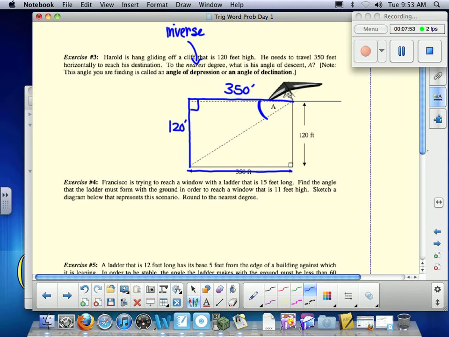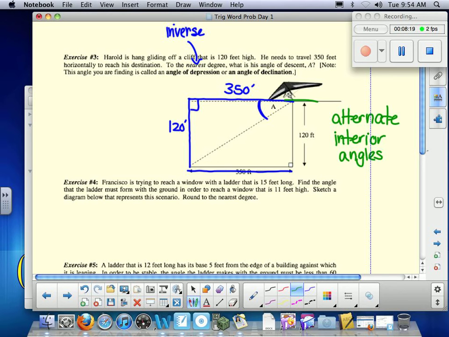Real quick, can I connect back to something I believe you learned in 8th grade? Alternate interior angles. Alternate interior angles are angles made by 2 parallel lines.